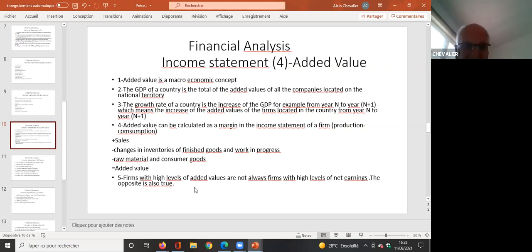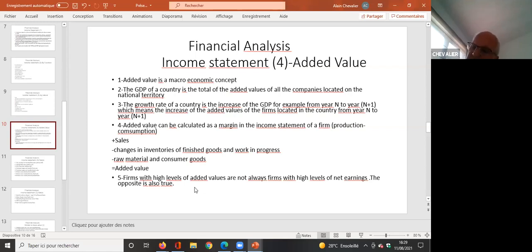That means the added value is very, very low. It's something like 12% of total sales. And after that, of course, you find the net earnings level, which is about 4 to 5% of the sales level, which is not so bad.